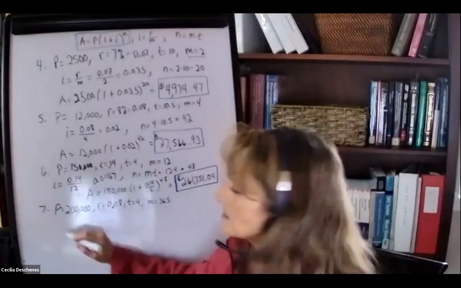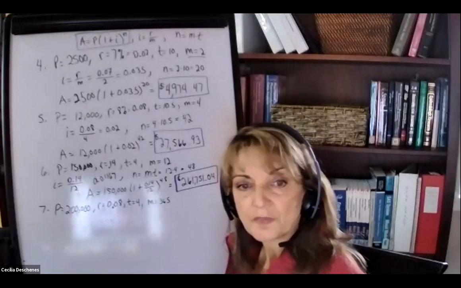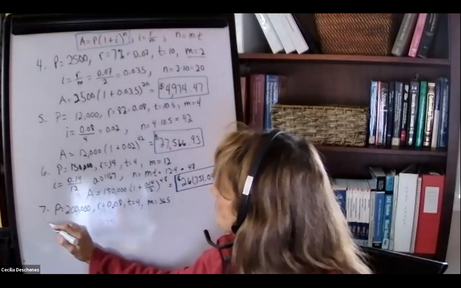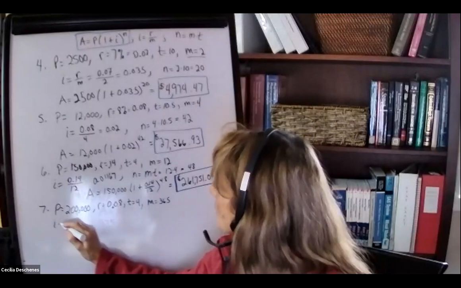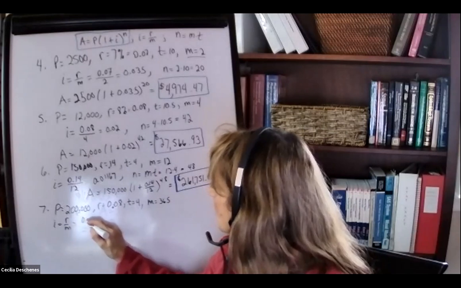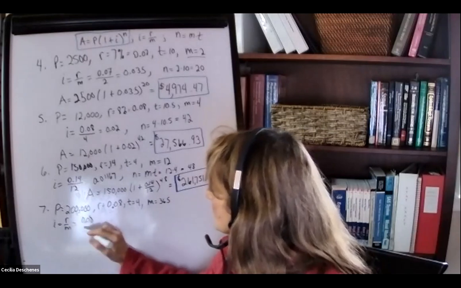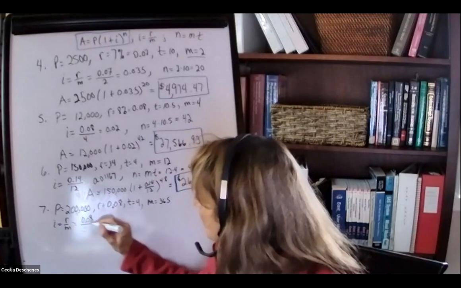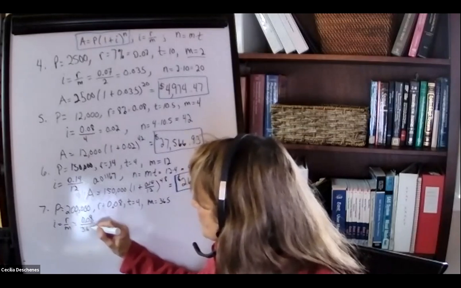So what we know is that the I, which is the rate divided by the M, right, is 0.08 divided by 365.